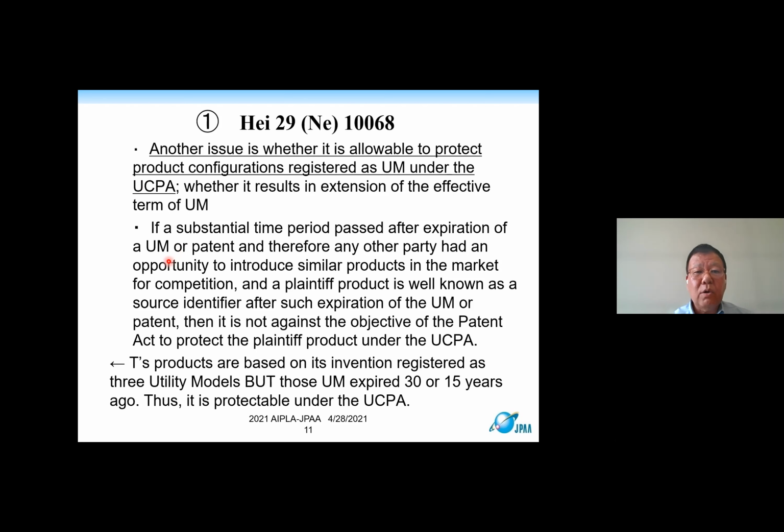Regarding this point, the court said if a sufficient time period passed after expiration of the utility model or patent, and therefore any other party had an opportunity to introduce a similar product in the market for competition, and the plaintiff's product is well known as a source identifier after such expiration of the utility model or patent, then it is not against the objective of the patent to protect the plaintiff's product under the UCPA.